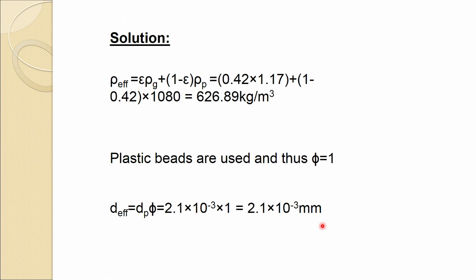So, the effective density of the charge, substituting the values as given in the example, gives you about 627 kg per meter cube. And because spherical plastic beads are used, the shape factor we take as 1. So, that gives you the effective diameter 2.1 into 10 to the power minus 3 meter.